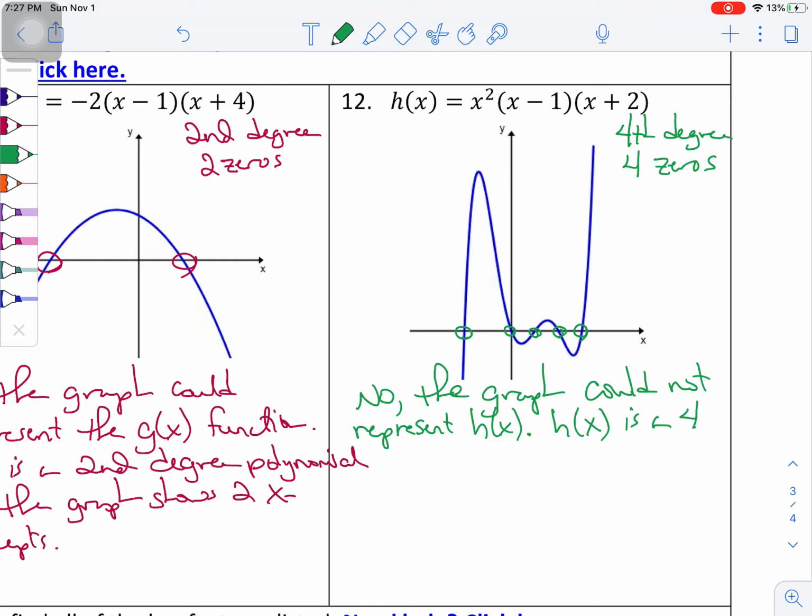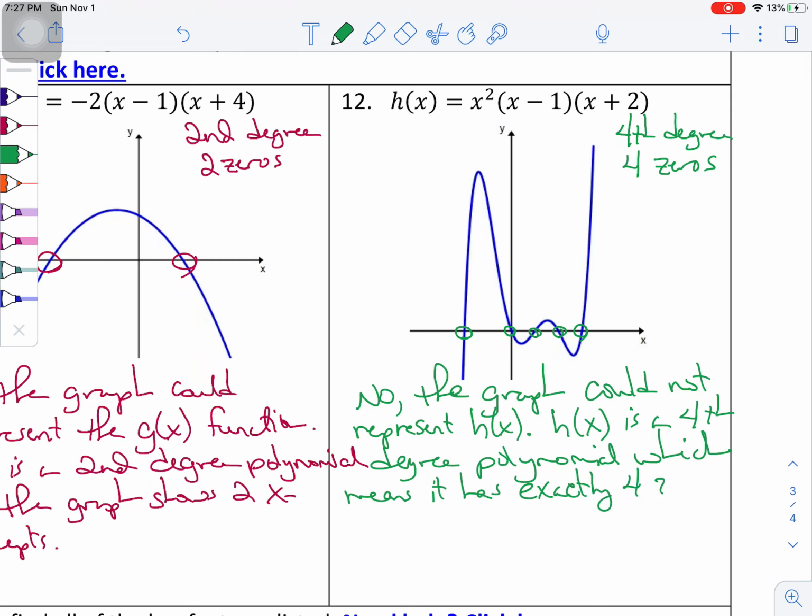Okay, h of x is a 4th degree polynomial, which means it has exactly 4 zeros, but the graph has 5 x-intercepts.